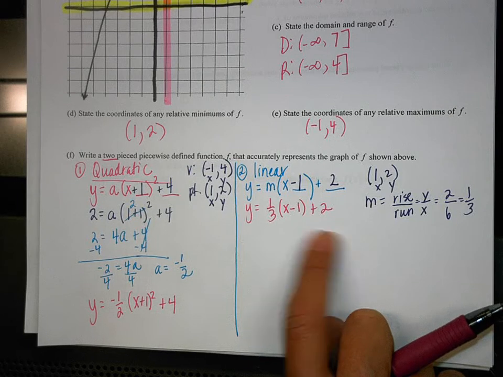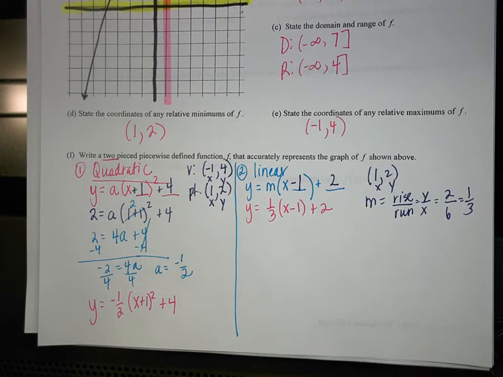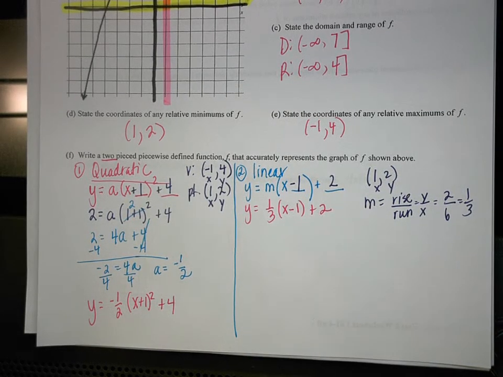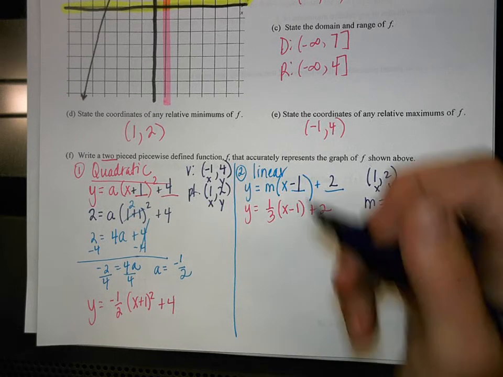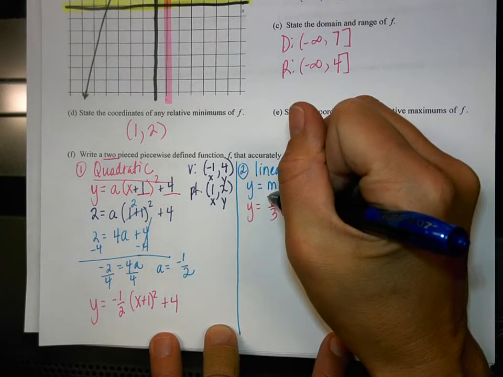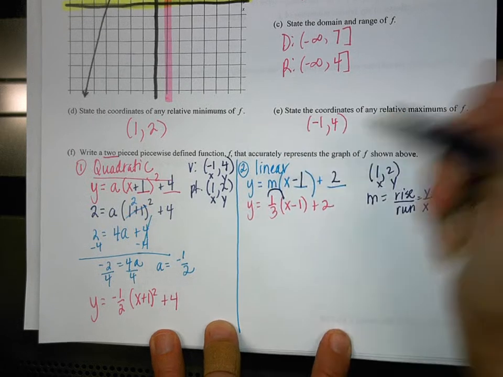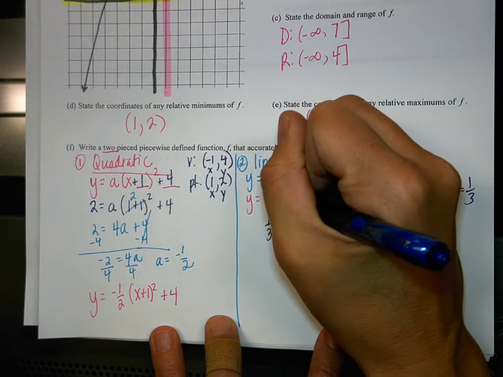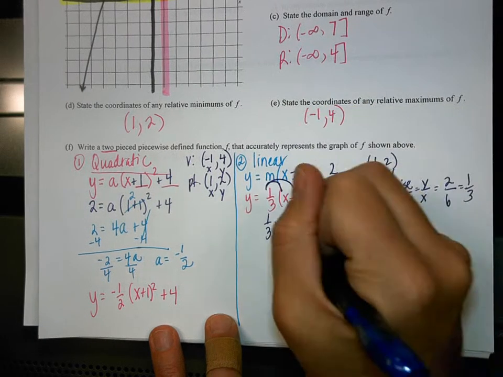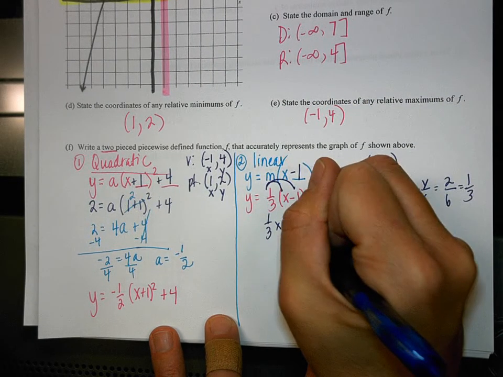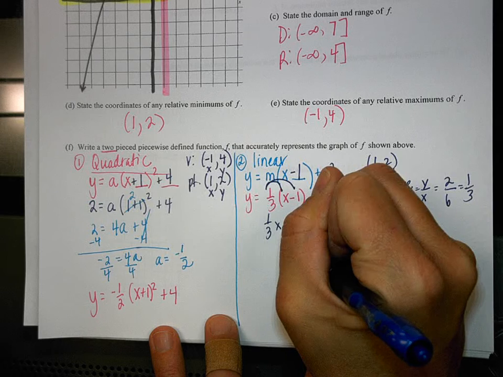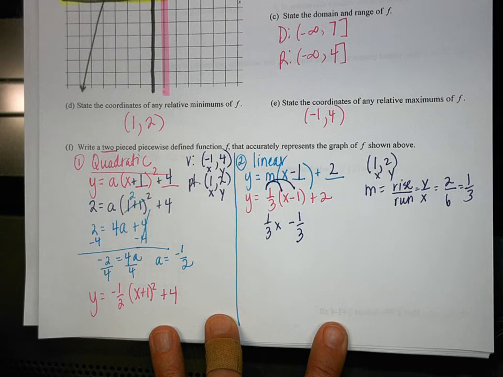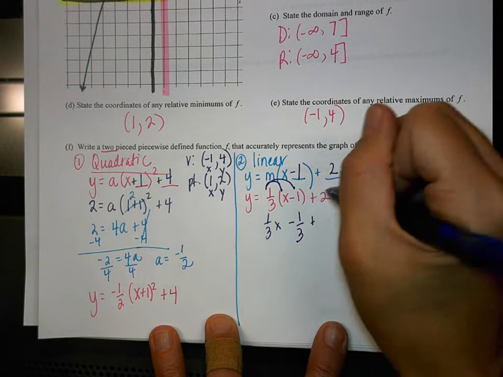They distribute it and write it without the parentheses. So let's just go through how to do that. Is that okay? And so we would take the 1/3 and multiply it through. So 1/3 times x is 1/3 x. 1/3 times negative 1 is negative 1/3, correct? Okay, plus I have 2 here.